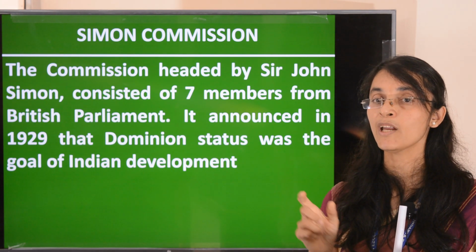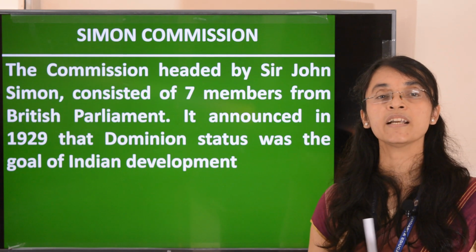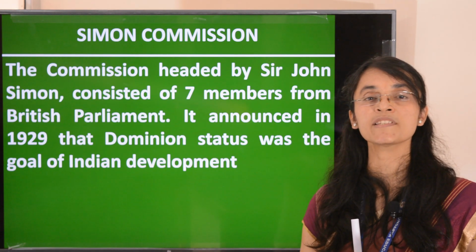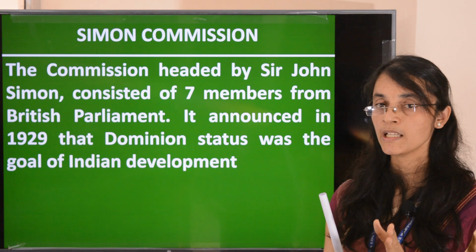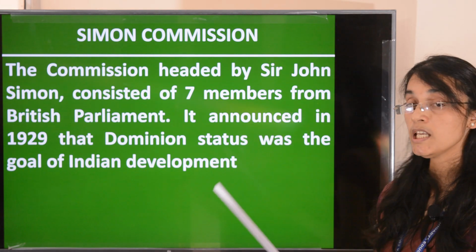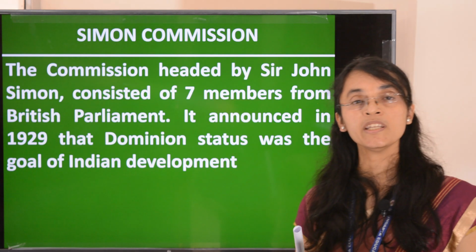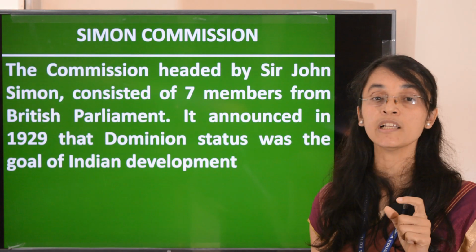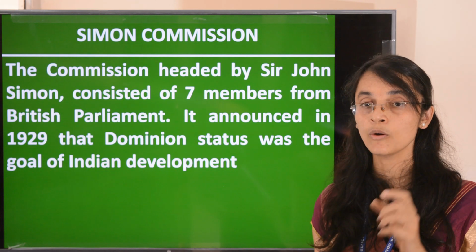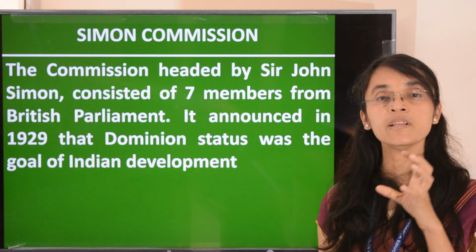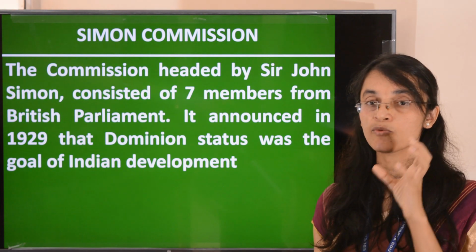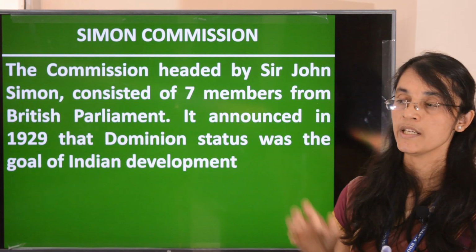So Indians boycotted this and started agitation in the name of Simon Go Back. Finally, this commission in 1929 announced that dominion status was the final goal of the Indians. Here dominion status means independence was the final goal of Indians.